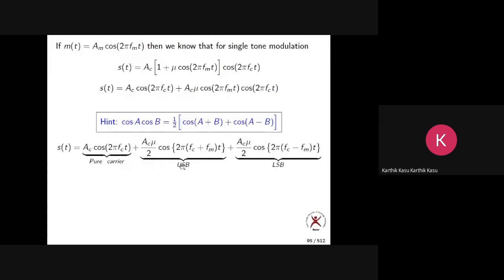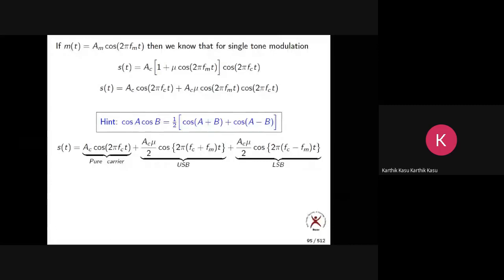Now can anybody tell me the spectrum of this s of t? You must tell me what is S of f now. Come on, proceed. It is very simple, no? Tell me the answer. So are you getting what I'm saying? Whoever knows the answer, please tell me.